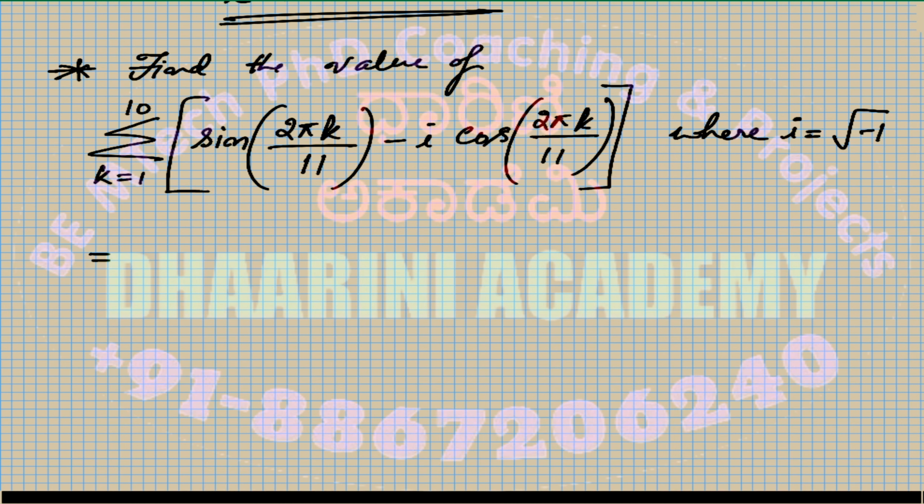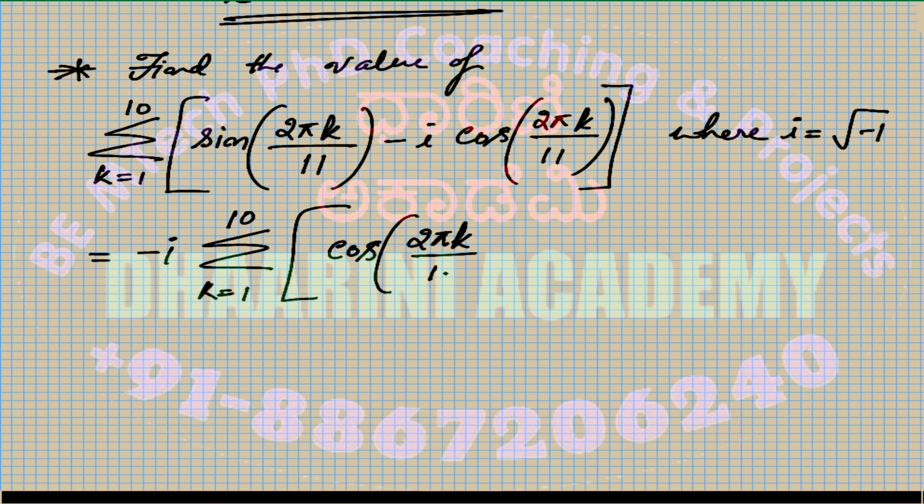Because I don't want a minus i, I will take the minus i outside. So this is minus i into the summation k equal to 1 to 10. When minus i goes outside, cos is real, so cos comes first: cos of 2 pi k divided by 11.